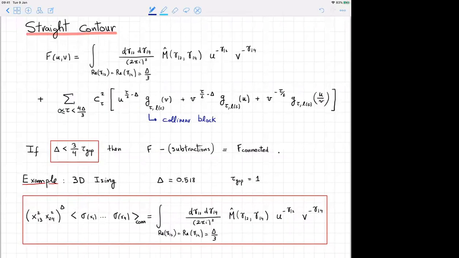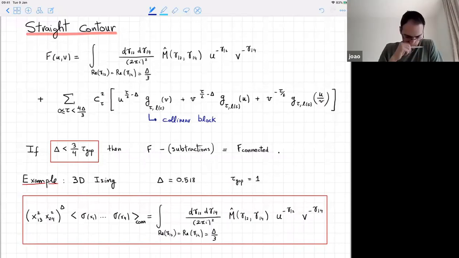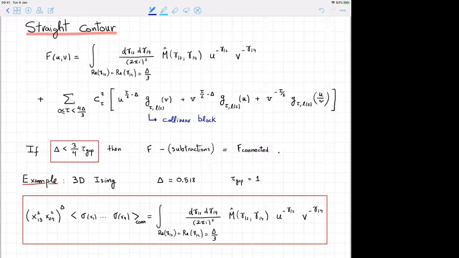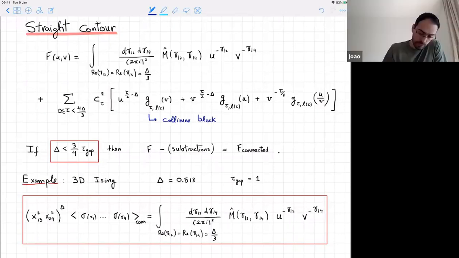Joe, just to make sure I got the story straight. This formula that you've written in the beginning of this slide, this is valid for any external operator dimension delta phi. There is no restriction on delta here. For example, can I take delta to be large in this formula? Well, you pay a price, right?